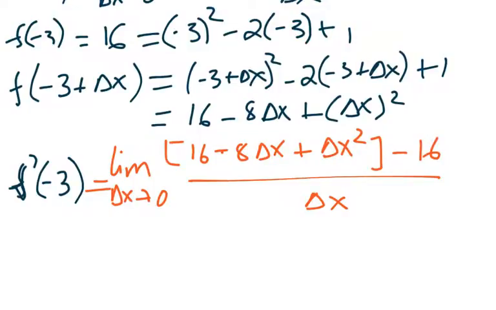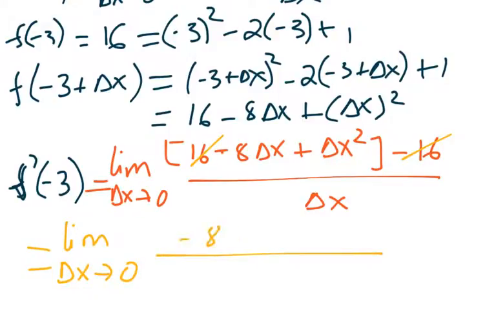In this case, you can see that the 16 cancels out. So that's equal to the limit as delta x approaches 0 of negative 8 delta x plus delta x squared over delta x.